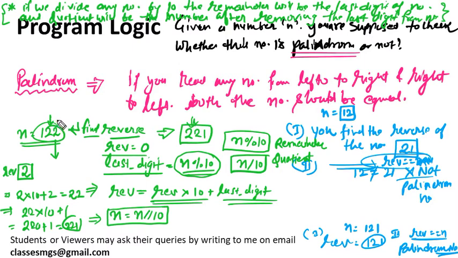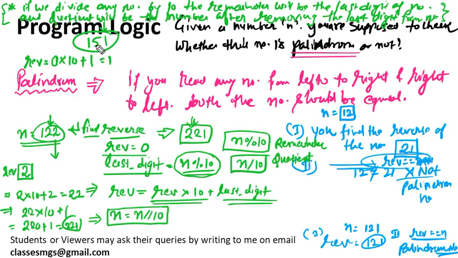You need to calculate the last digit. Let's take the number 151 here. So you find the last digit. The last digit is 1. Let's suppose reverse is 0 the first time. So 0 into 10 plus 1, then reverse will become 1 initially.